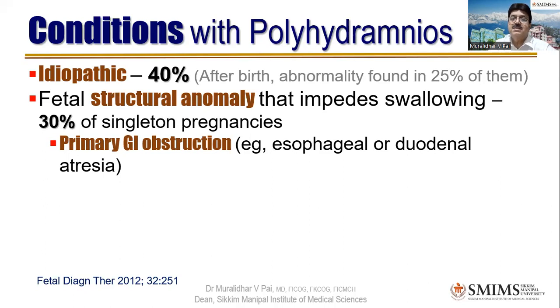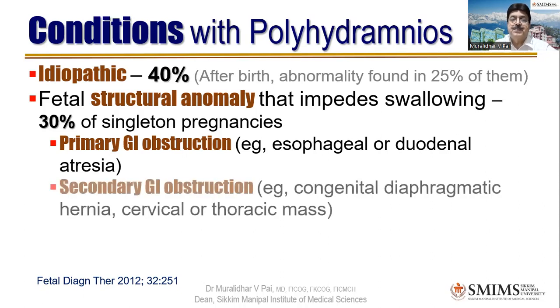Baby may swallow, but because of atresia, it may again come back. It will not go into the system of the baby. Secondary GI obstruction, for example, congenital diaphragmatic hernia, cervical or thoracic mass, which will impede the baby to swallow. It is secondary. It's not primary GI, but from outside, it will impede the GI.